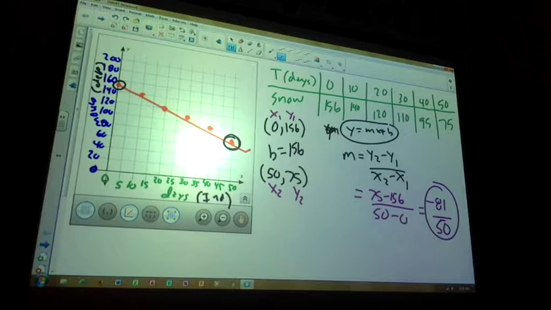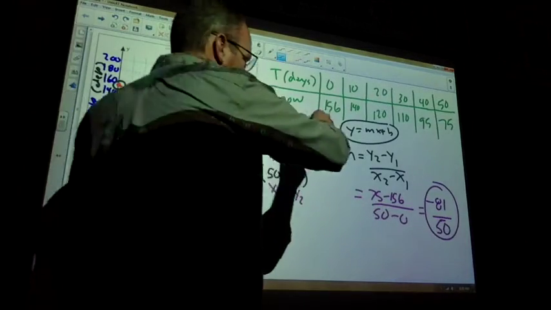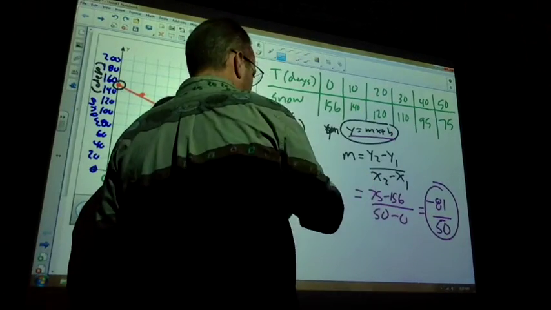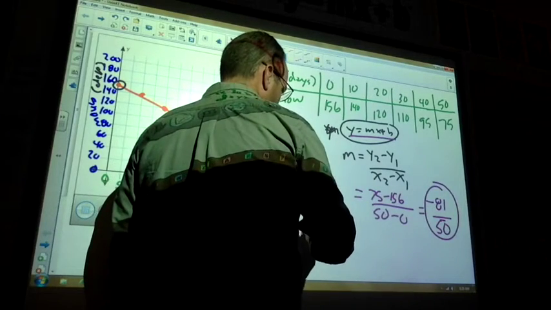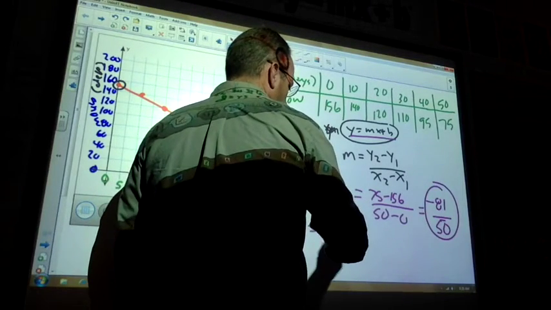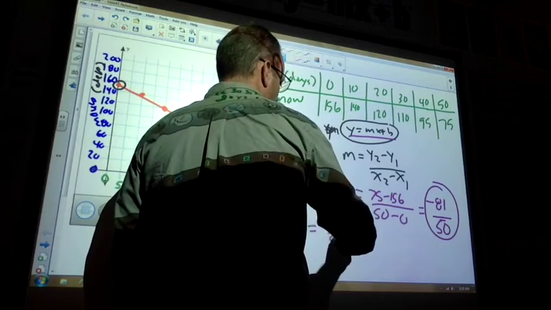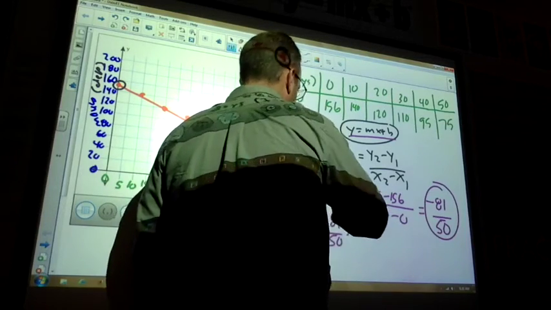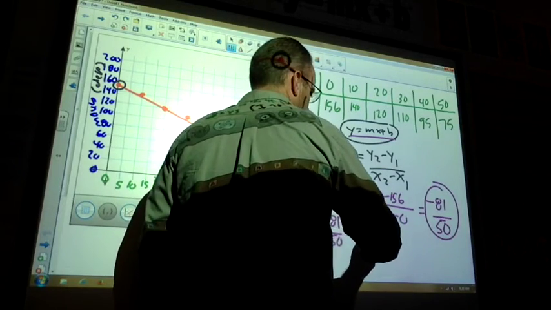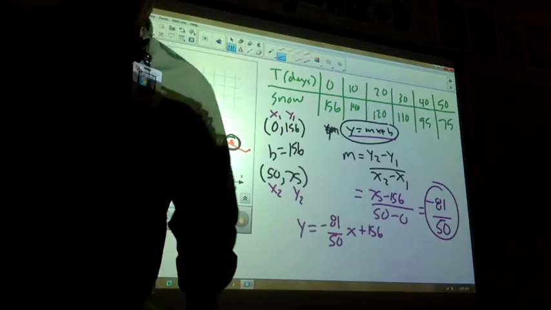Okay? So we can plug this back into our equation. So here's our equation we knew. We already knew b was this. So I have y equals negative 81 over 50 x plus 156.